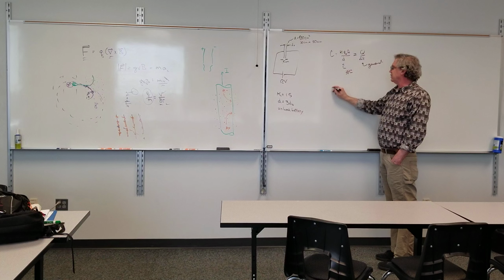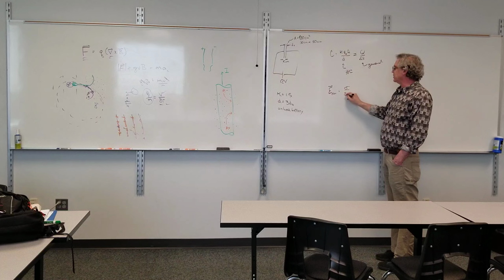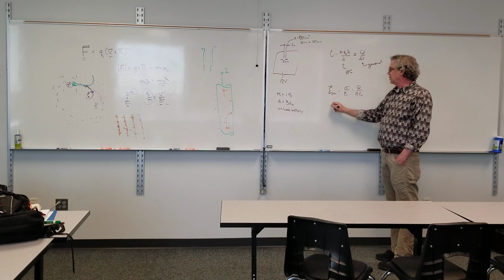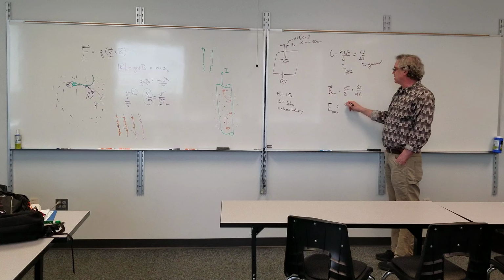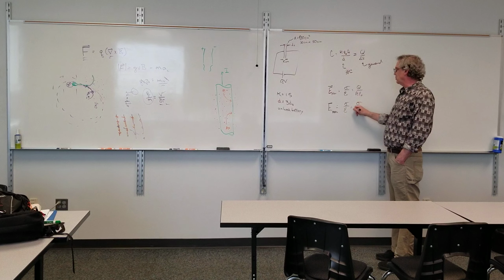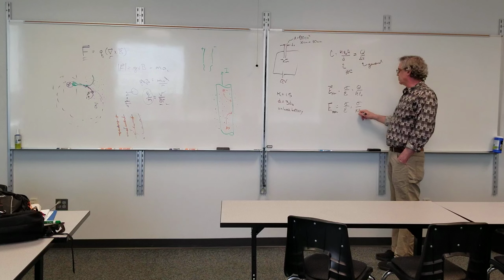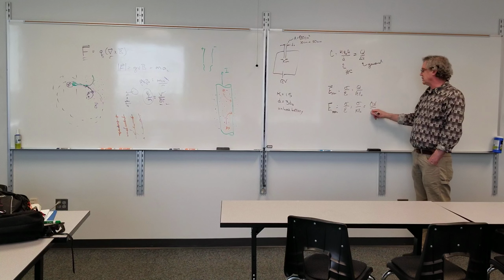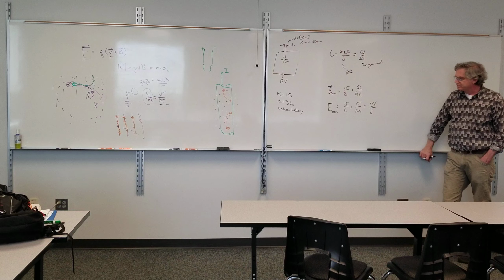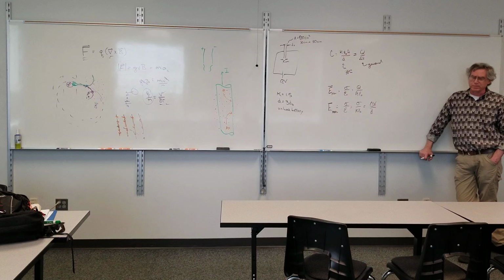I know that the electric field from the plates is equal to sigma over epsilon naught, which is Q over A epsilon naught. And then E total is going to be sigma over kappa epsilon naught. And it's also delta V over D. So that's what we're working with.